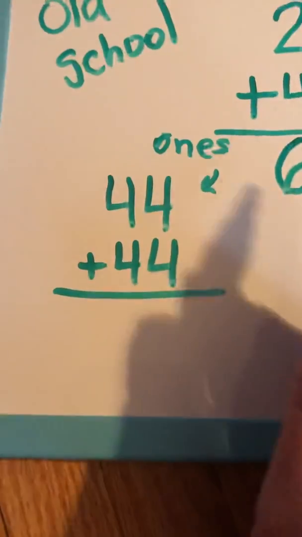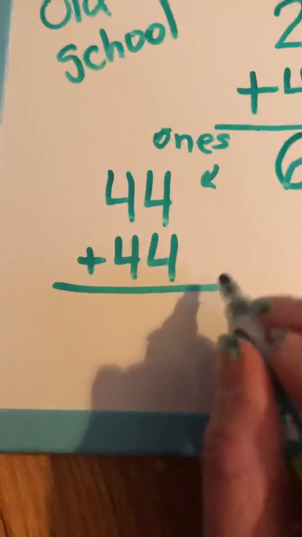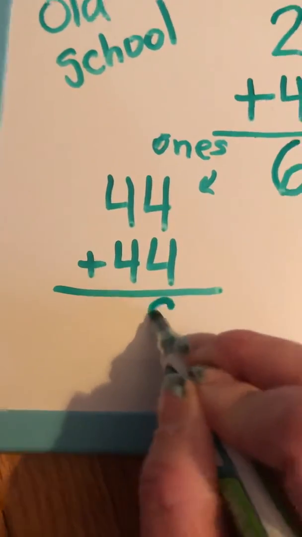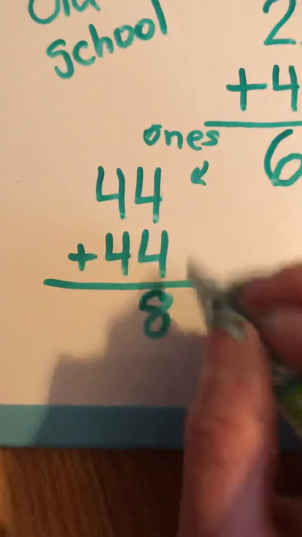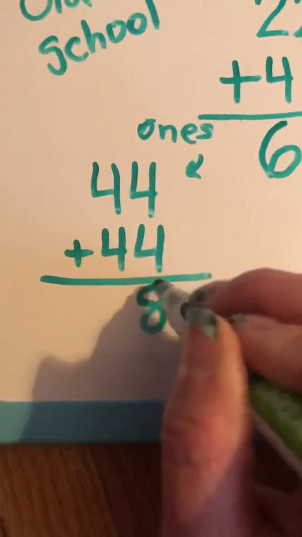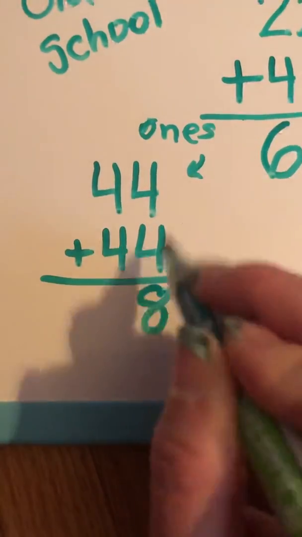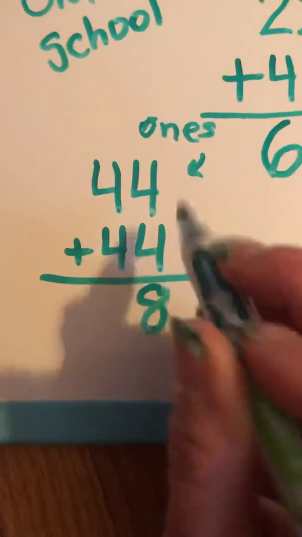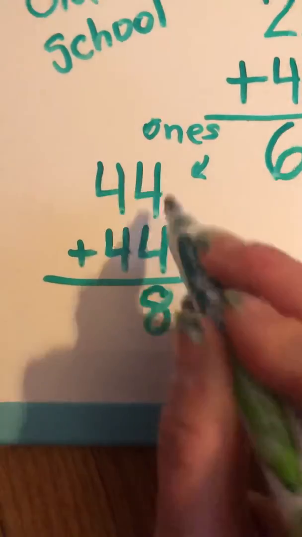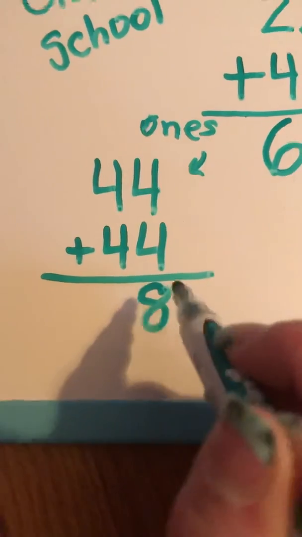The sum of 4 plus 4 in my ones column is 8. I'm going to write my answer right here directly underneath the line, staying under the 4 and the 4. I make sure my number is in line with the numbers I'm adding. So all my ones place is lined up nice and neat.